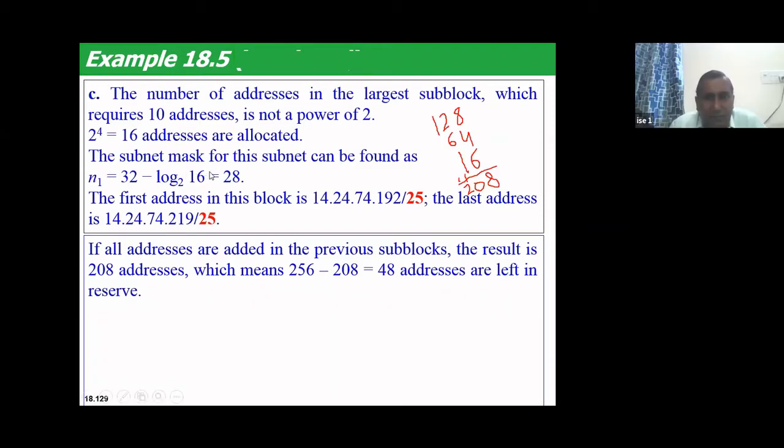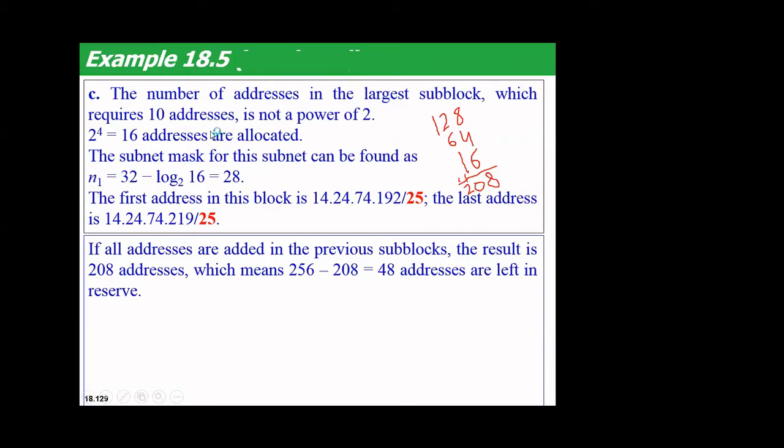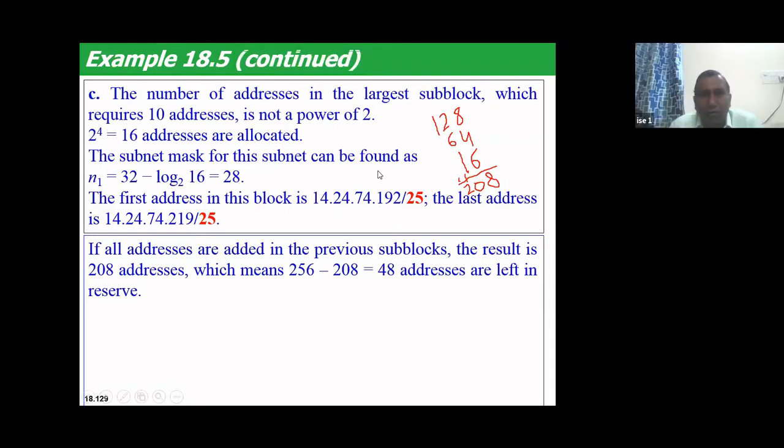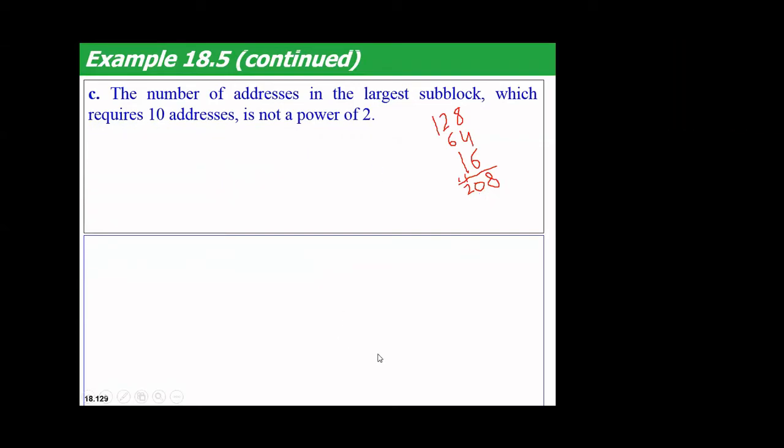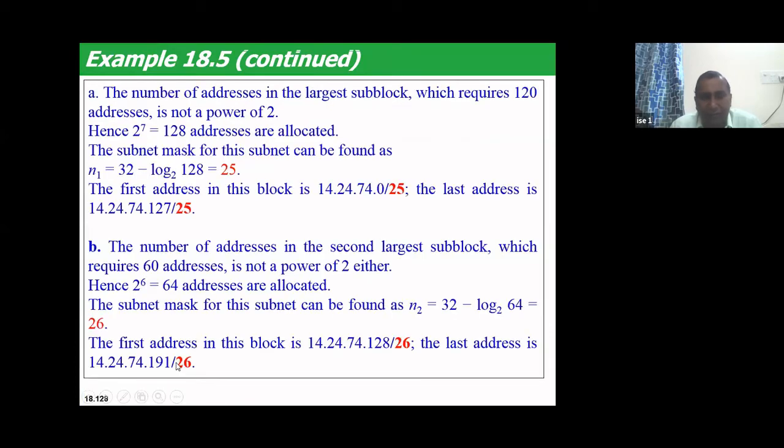The first address in this block is 14.24.74.192. I have taken 192 because the last address of the second network was 191.